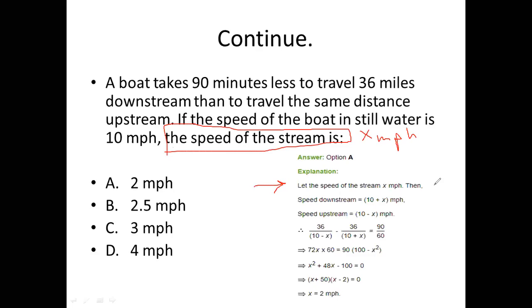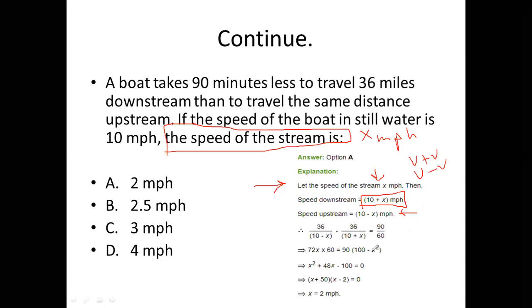Then the speed downstream is 10 plus x, and the speed upstream is 10 minus x, as in u plus v and u minus v, where x is the speed of the stream, right?